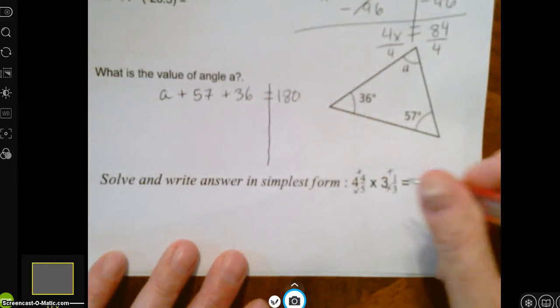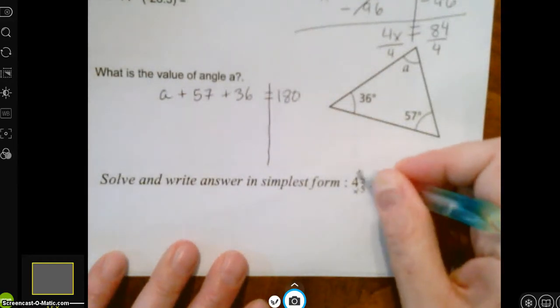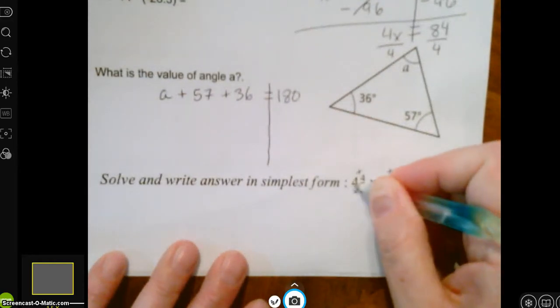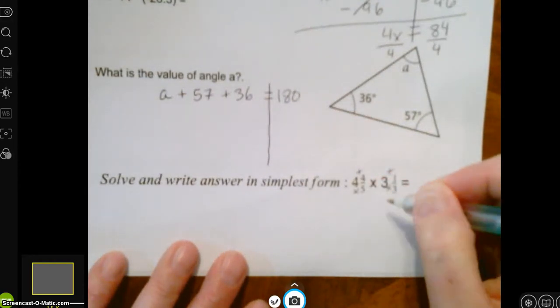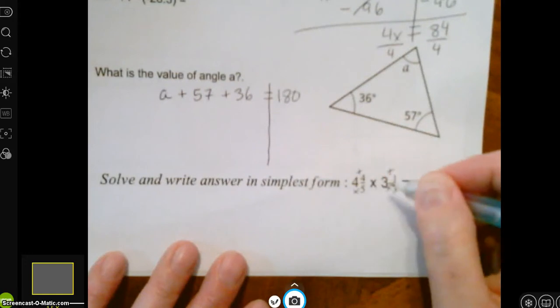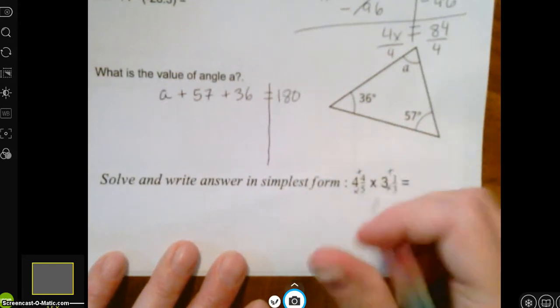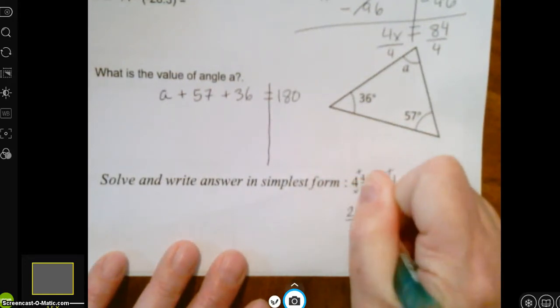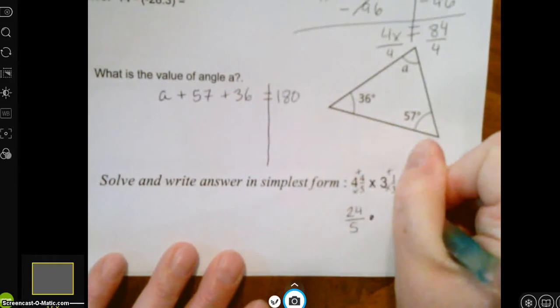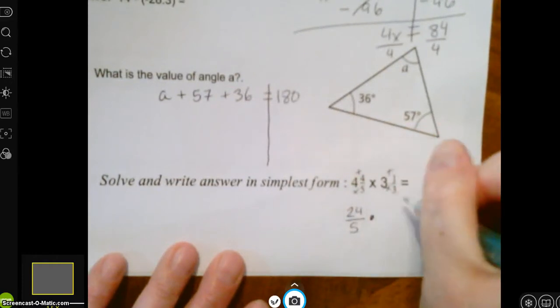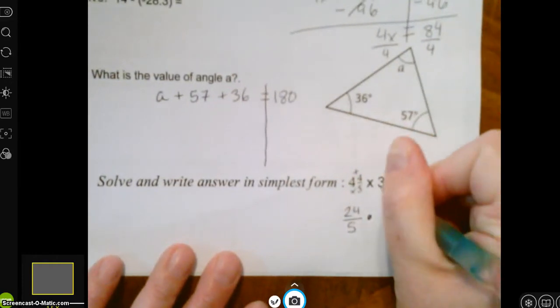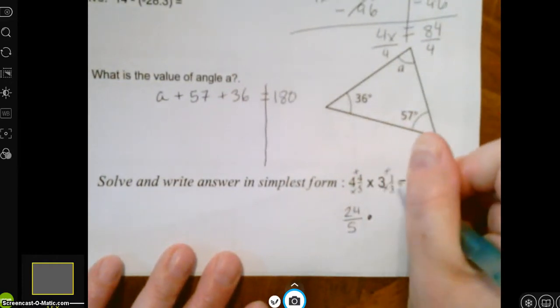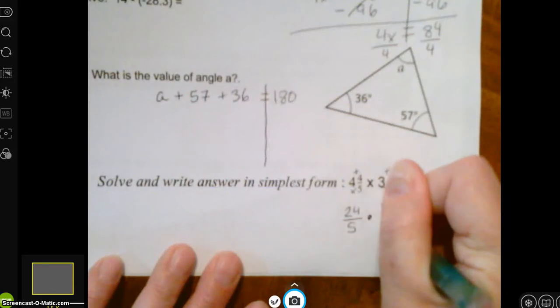It really is a multiply and an add, right? 5 times 4 plus 4. 5 times 4 is 20, plus 4 is 24 times 5. 3 times 3 plus 1. 3 times 3, 9, plus 1 is 10.